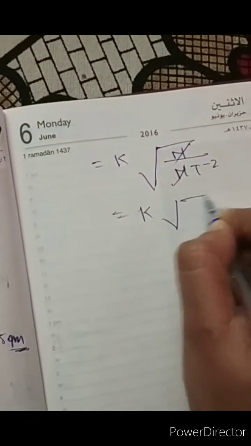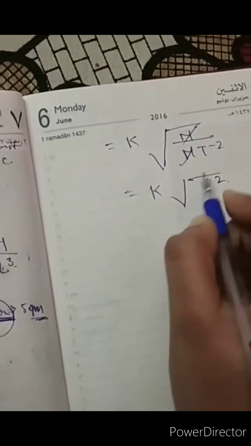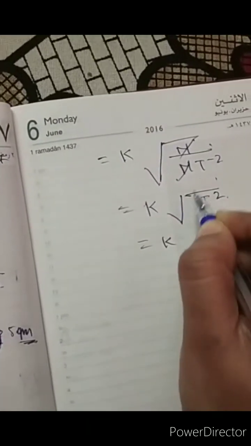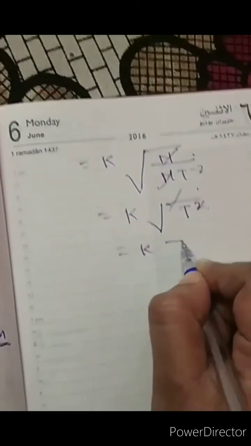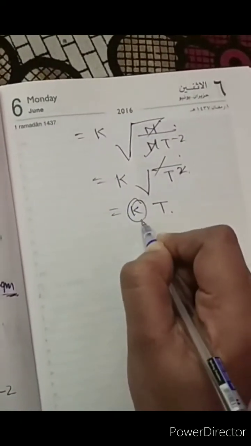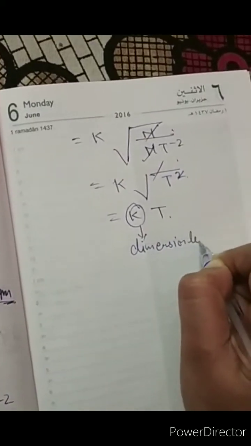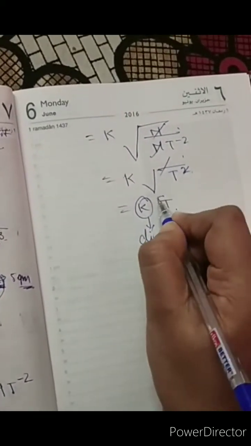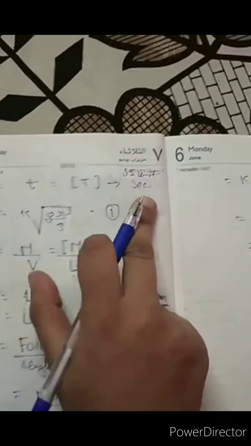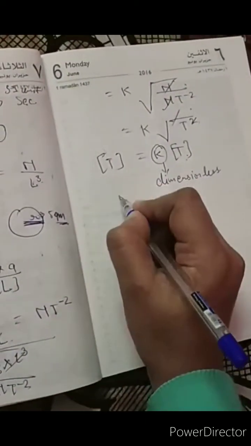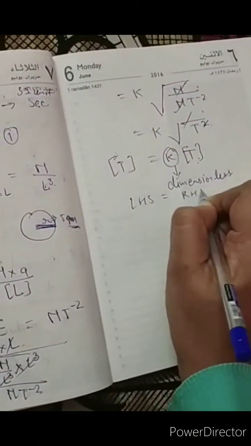Again, M to M cancel out. When T goes up, it will be plus 2. So this under root cancels out. So it is T. Since K is a constant dimensionless quantity, we just have T. In RHS also, in LHS also, we got seconds, that is T. So LHS equals RHS, hence this formula is correct.